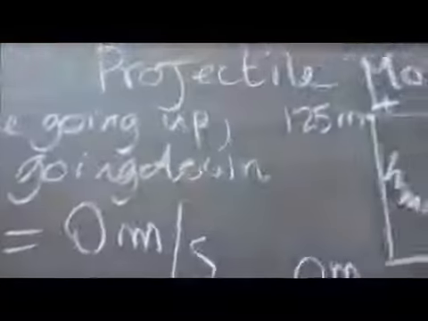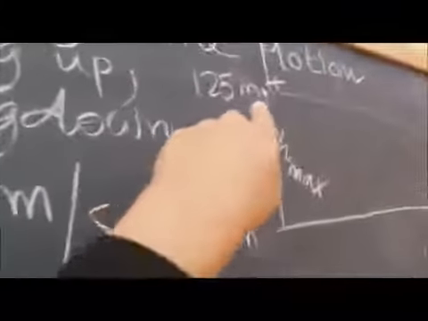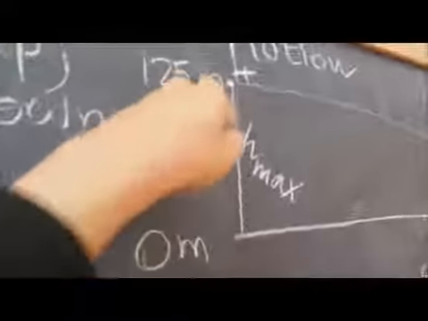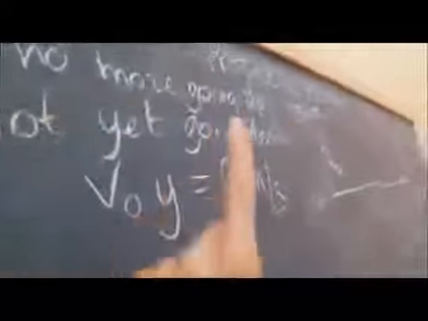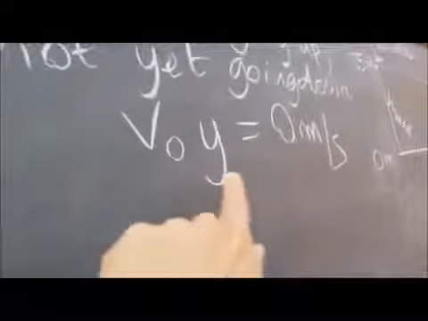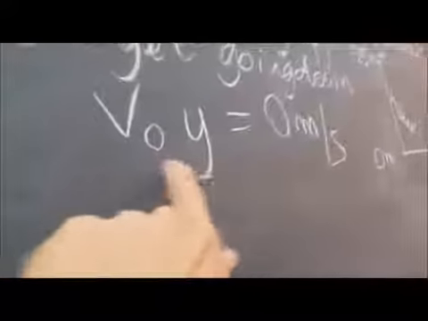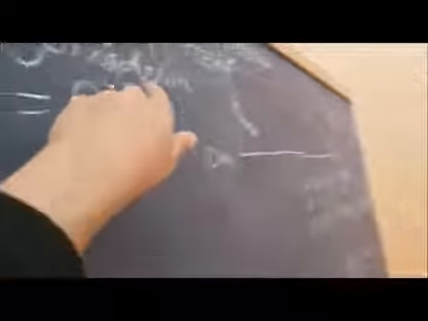This is where the second part of the problem starts. When the bullet has reached the maximum height, it means that it's no more going up because the vertical component of the velocity is now 0 meters per second, but it's not yet going down.